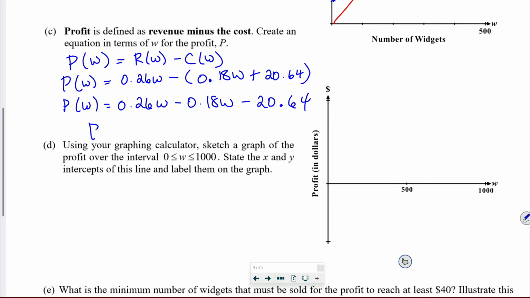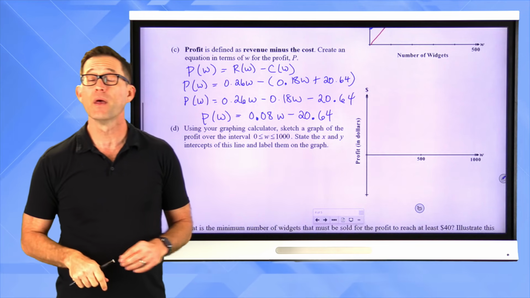And finally, when I combine like terms, my profit is 0.08W minus 20.64. Red wants to come out no matter what. There we go. Beautiful. So there's my profit.